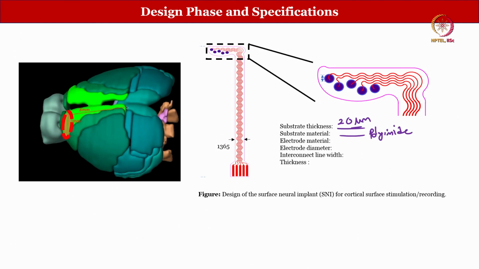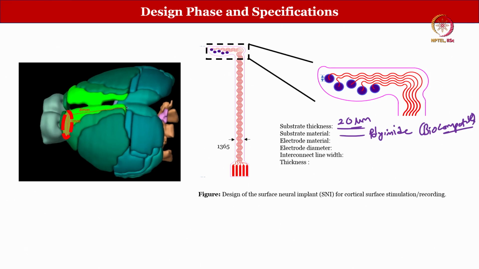When you are implanting something in the brain or the body, it should be biocompatible, and it has very good chemical resistance, right. You will be using a lot of chemicals in the process, etchants, gold etchants, titanium etchants, so this polymer should not be etched away in the process.